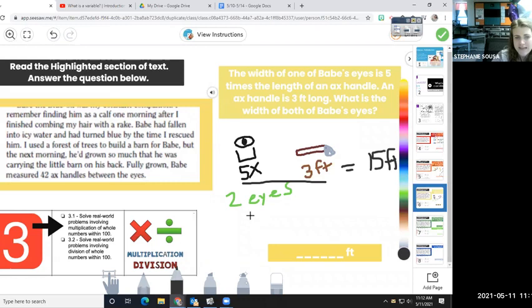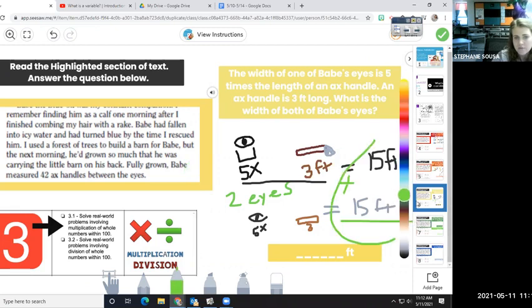We've got to do the same thing again for the other eye. 5 times the length of an axe handle is equal to 5 times 3, and that's going to give us 15 feet. When you put both of those eyes together, that will give you an answer total of 30 feet. I got too excited. I was thinking he had 4 eyes. He doesn't. Okay, 30 feet.